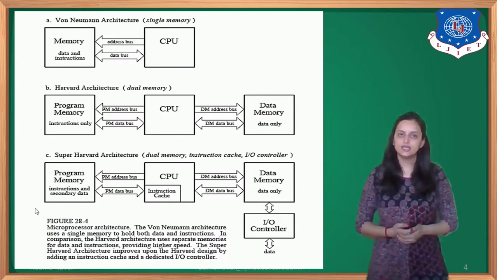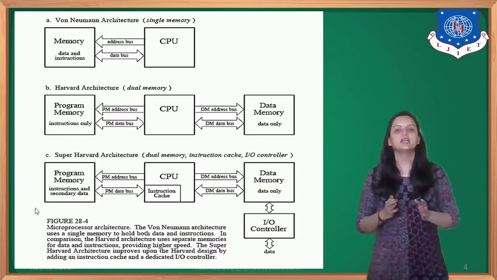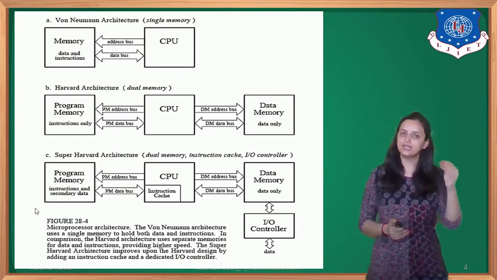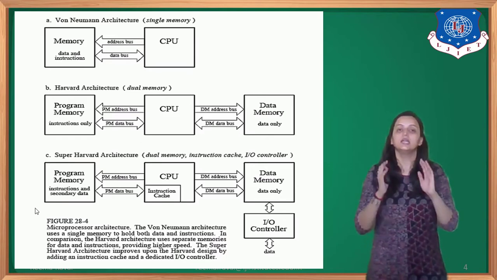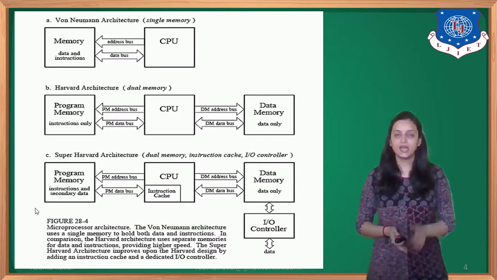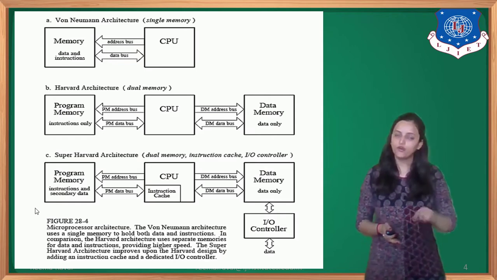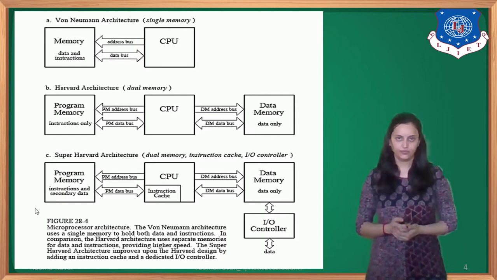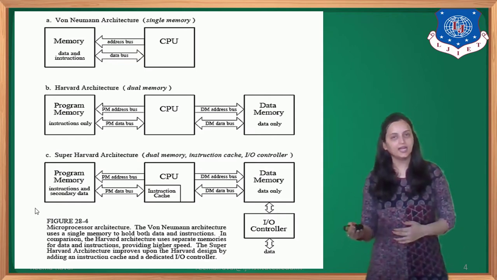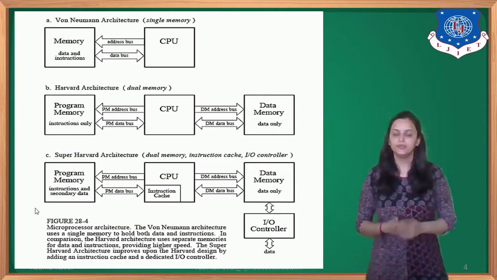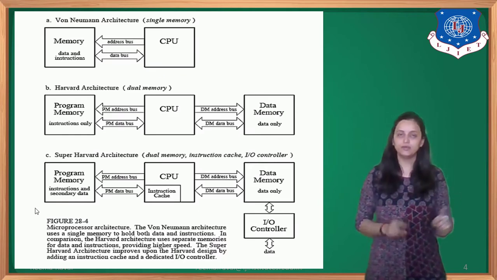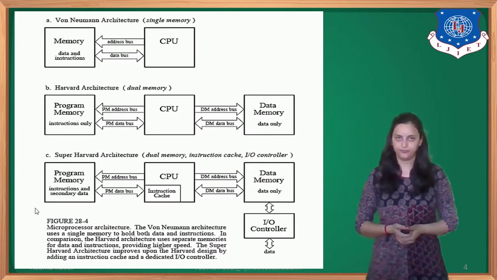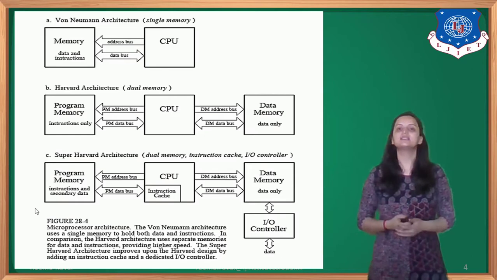The first one over here is von Neumann architecture. The basic difference between von Neumann architecture and Harvard or Modified Harvard architecture is that von Neumann architecture has a single memory both for program and data, whereas Harvard or Modified Harvard architecture use separate memories, one for program memory and the second for data memory. You have to remember this basic difference.